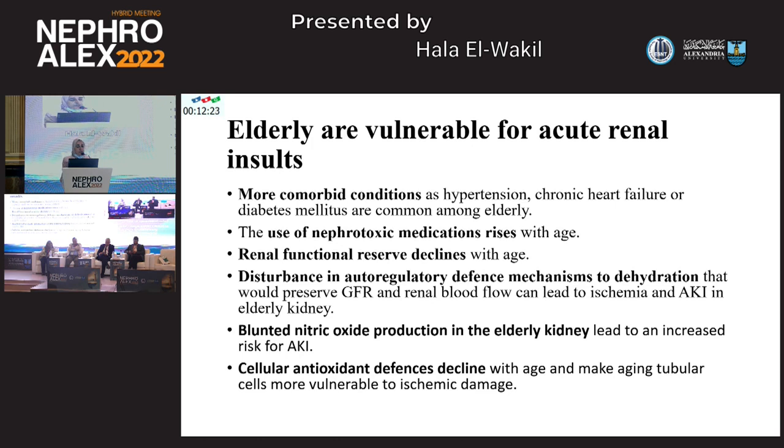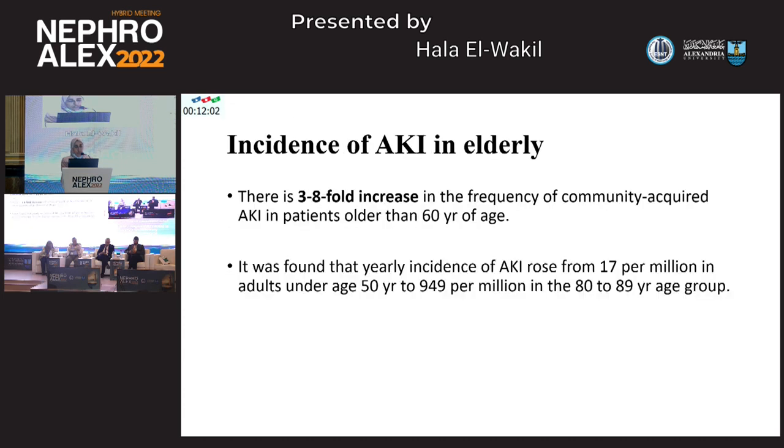There is disturbance in the autoregulatory defense mechanism to dehydration, and this will lead to ischemia and AKI. There is blunted nitric oxide production, and cellular antioxidant defense declines with age, with tubular damage leading to more vulnerability to ischemic changes.